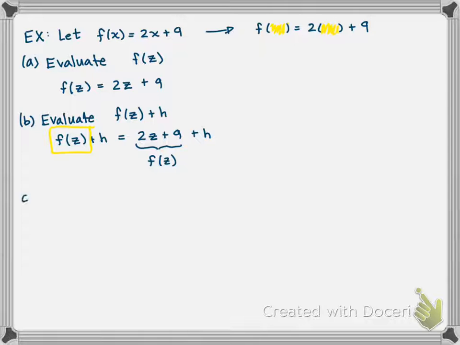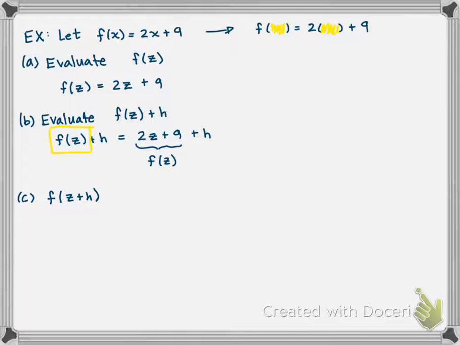In contrast, we could do the same operation of adding h, but act on the input of the function. That would look like f of z plus h, where now inside the parentheses we're adding h. That means we're adding h to our input first, and then we are acting on that using f.